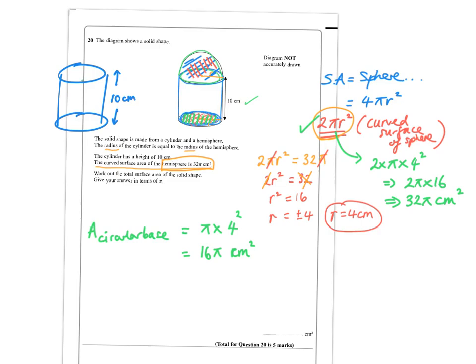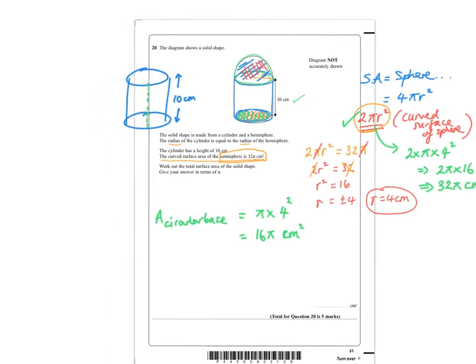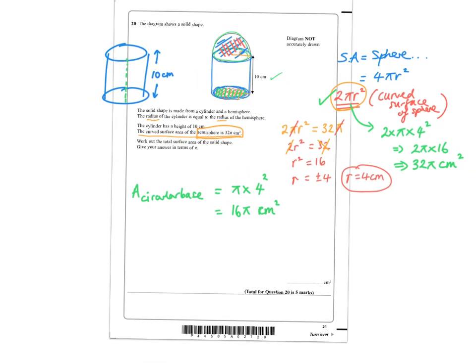So if you imagine cutting down the side here, if you cut down this green dotted line, you would basically make it out to be a rectangle. The height would be 10, but this distance here would be the circumference of this circle, and the circumference is pi times the diameter.